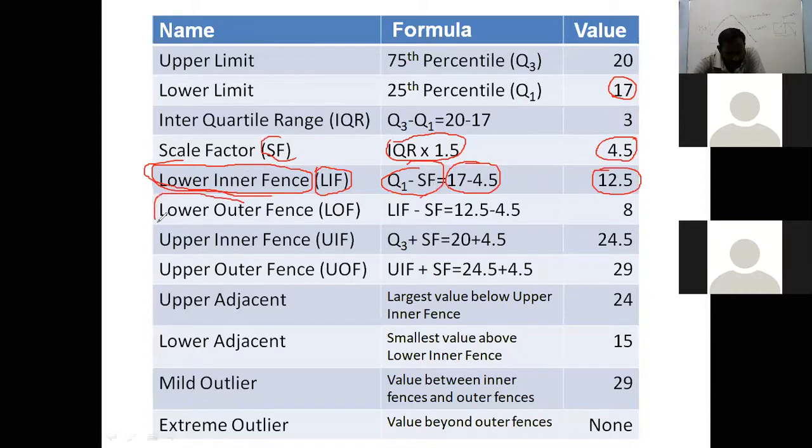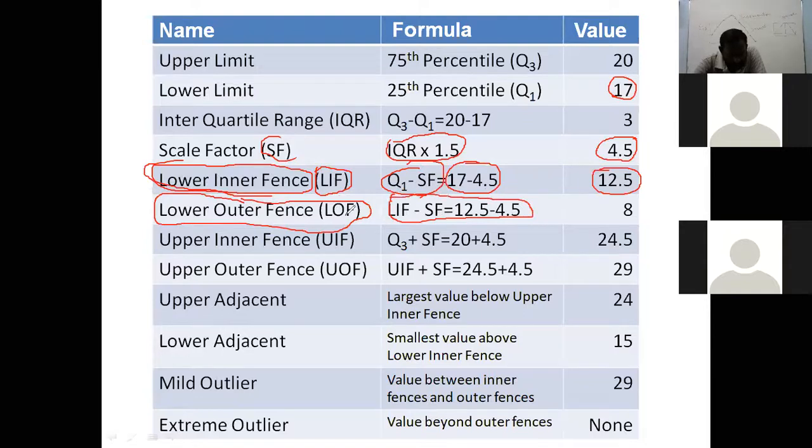Then the lower outer fence, LOF, is the lower inner fence minus the scale factor again.